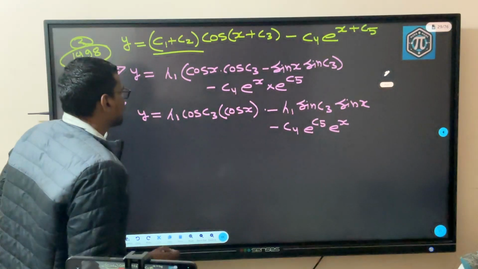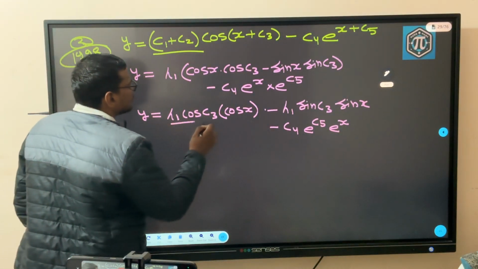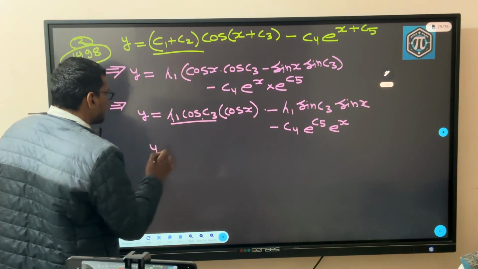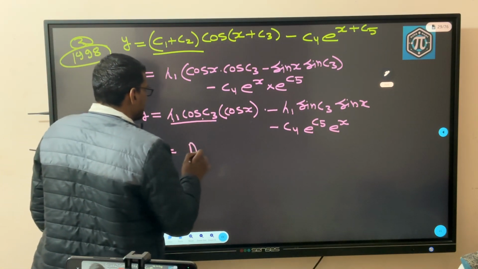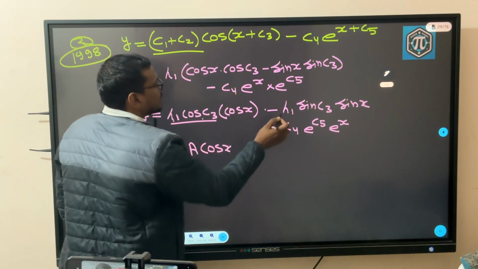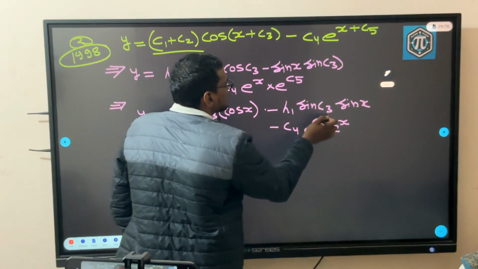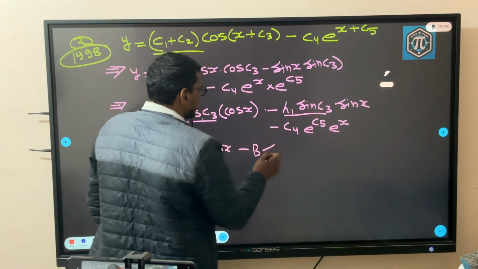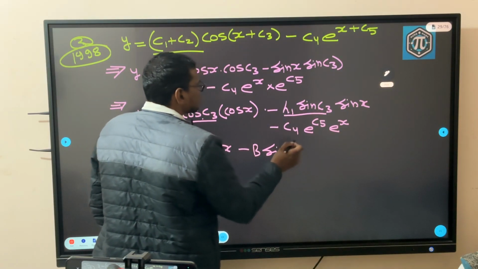See here. Lambda 1 into C3. Again constant into constant. That will be one constant. So we will say A cos x. Lambda 1 sin C3. Again one constant. So that is minus B sin x.